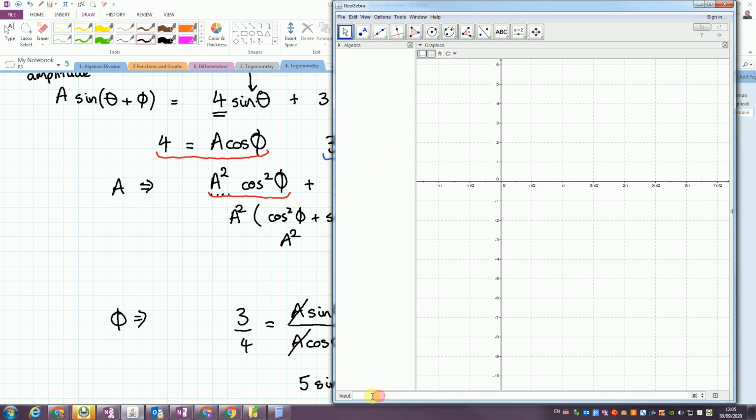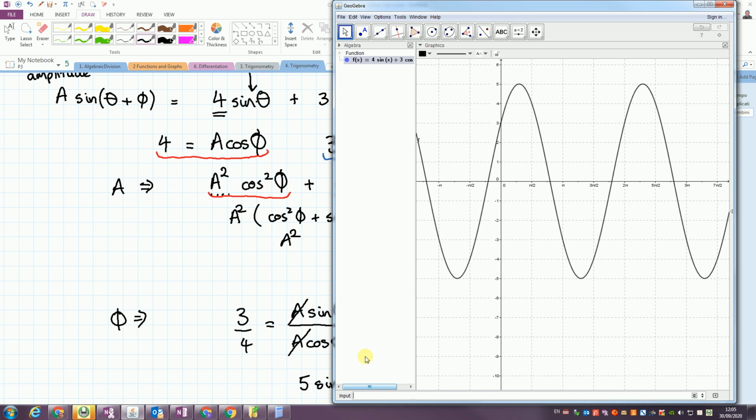And so I'm going to type in the 4 sine theta, 4 sine x plus 3 cos x. That was an equals, not a plus, wasn't it? No, that's it. So that's the graph we are thinking we've got.